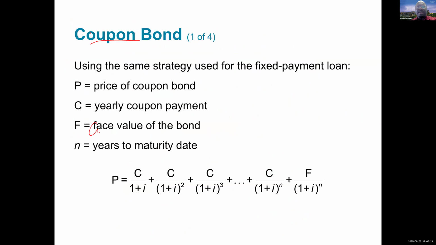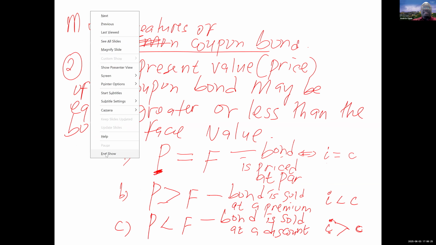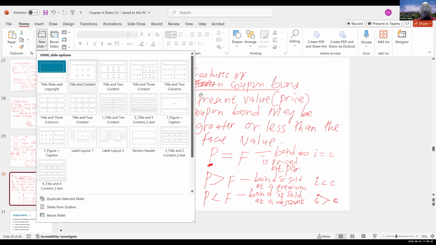Then the third relationship that I want to talk about when it comes to coupon bonds, which is also very important, the third characteristic, make sure you're paying attention here. Before we write the formula, make sure you understand everything about coupon bonds.